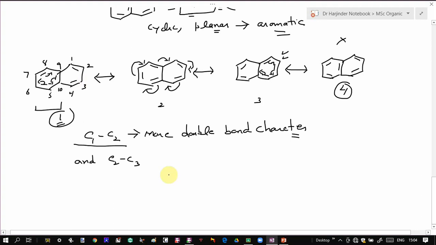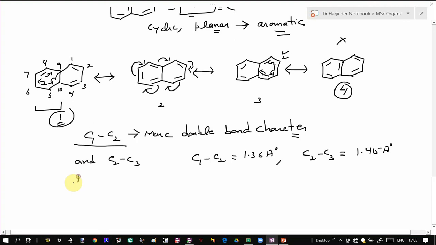This is also evident from their bond length. C1 and C2 has a bond length of 1.36 angstrom, while C2 and C3 has a bond length of 1.415 angstrom. That means C1 and C2 has more double bond character.